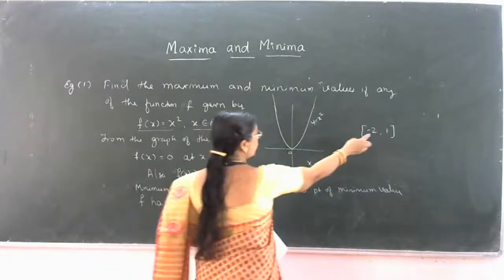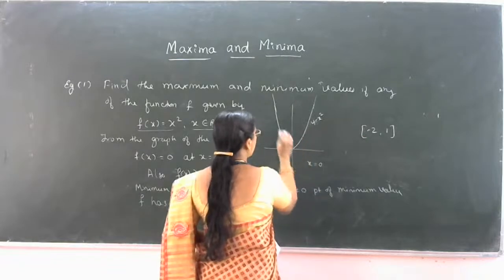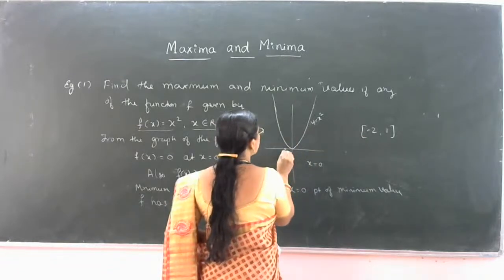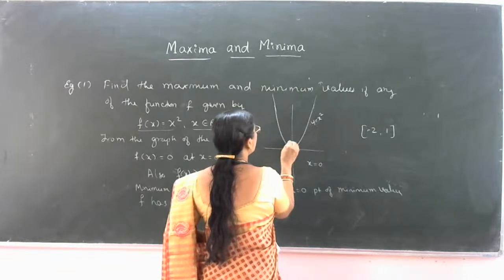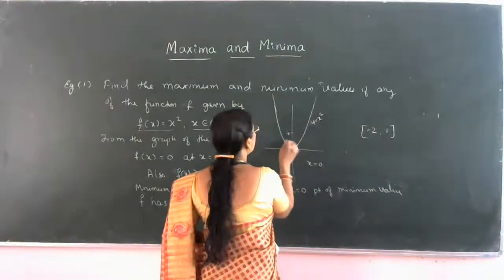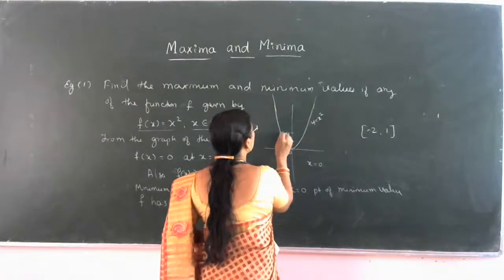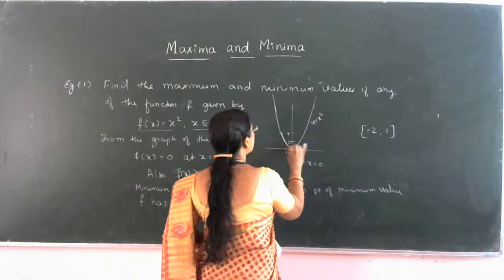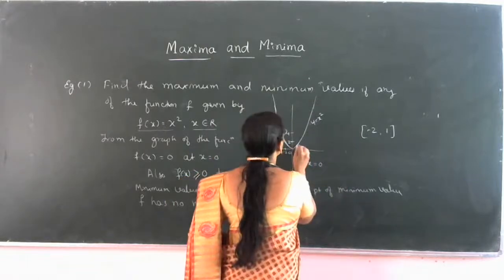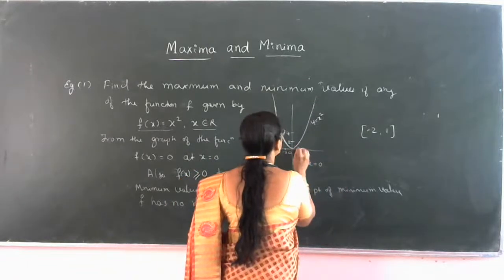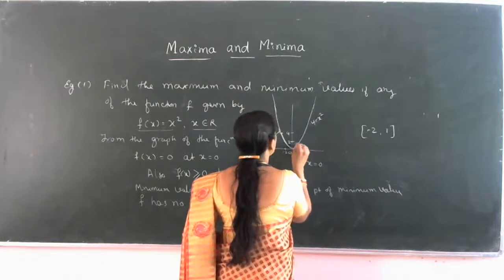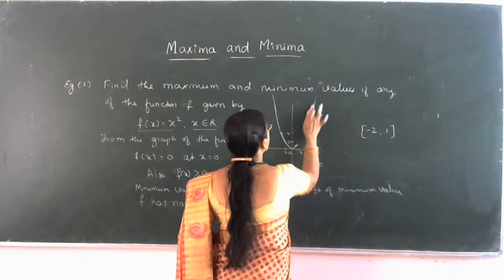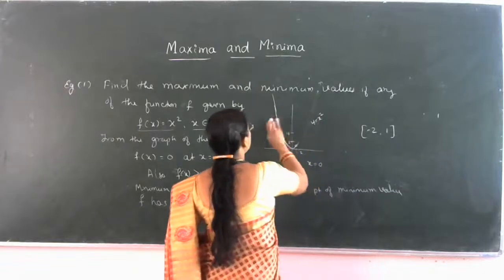Then f of -2 is (-2) square, which is 4. Then 1 square is equal to 1. The graph of the function is of this type only.